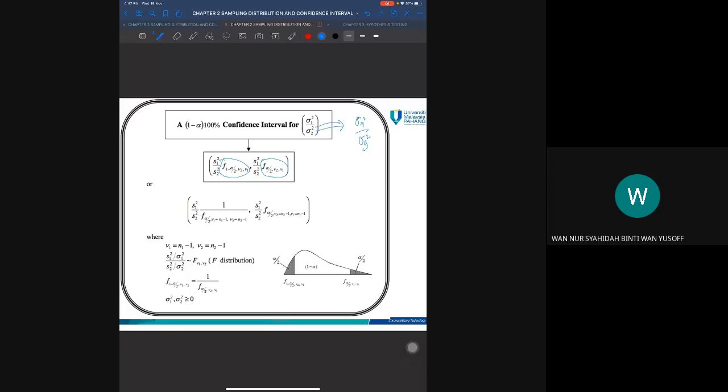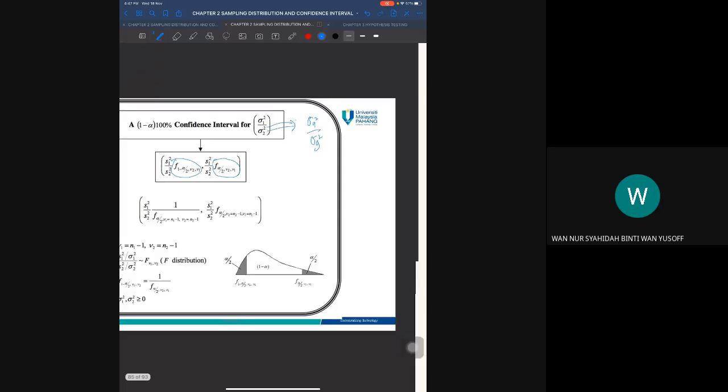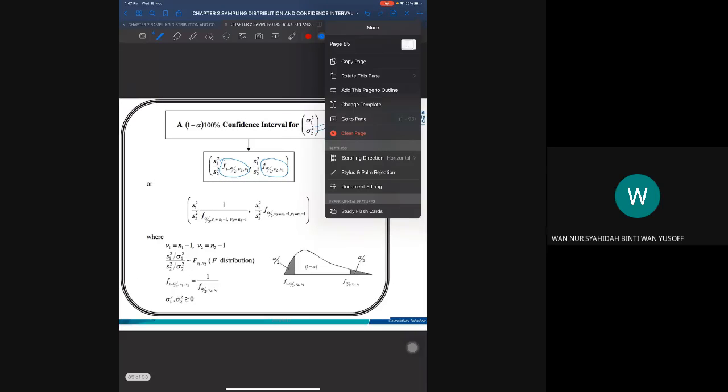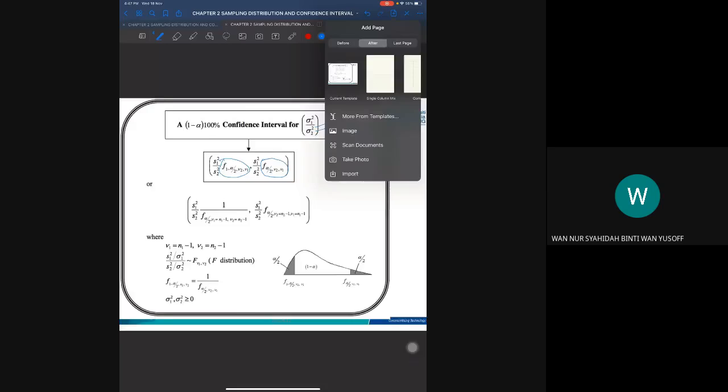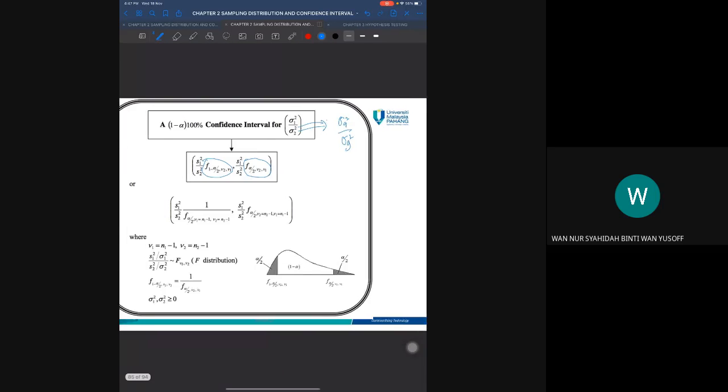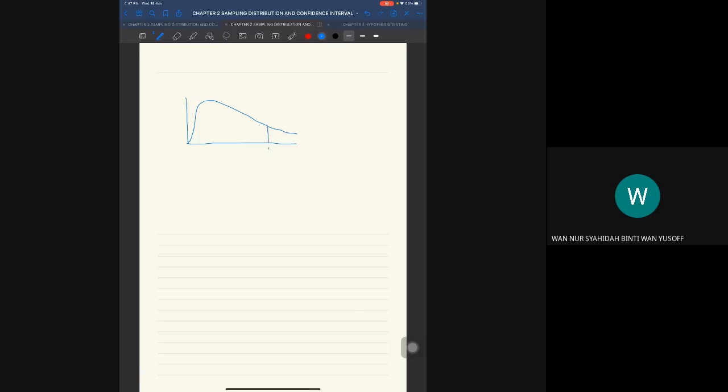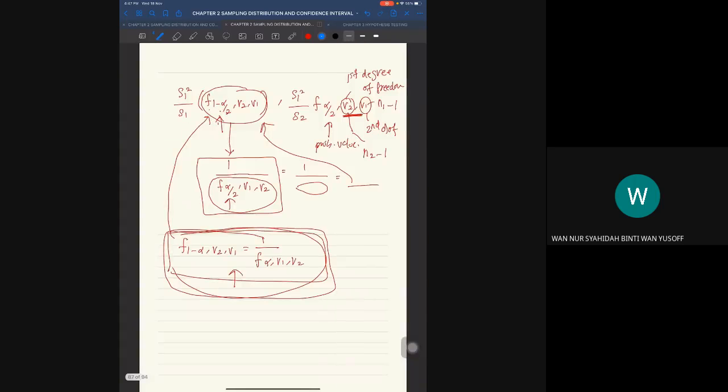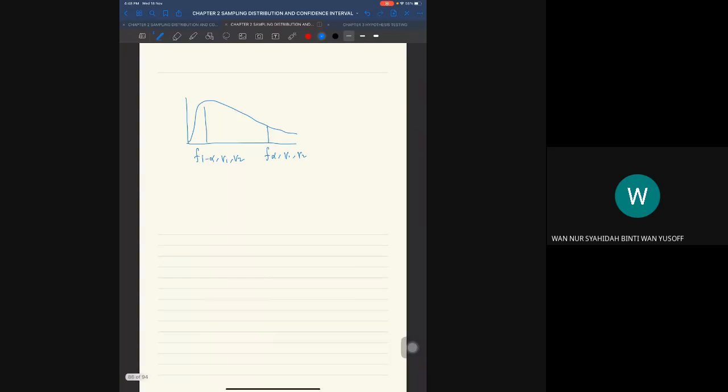For the distribution used in this case, we have the F distribution, which is similar to chi-square. It is a positive distribution. So here we have F alpha over 2 with nu 1, nu 2, and here F 1 minus alpha over 2 with nu 1, nu 2.